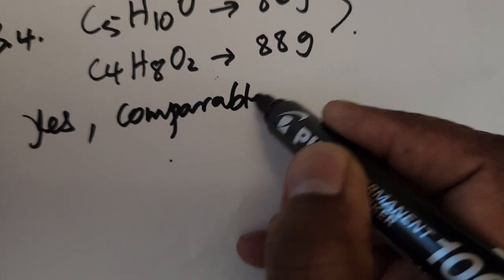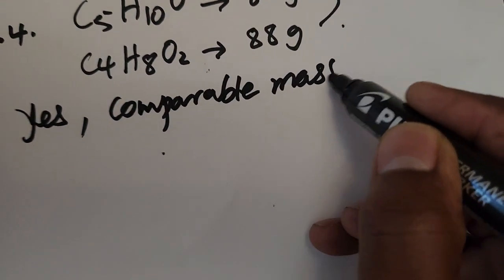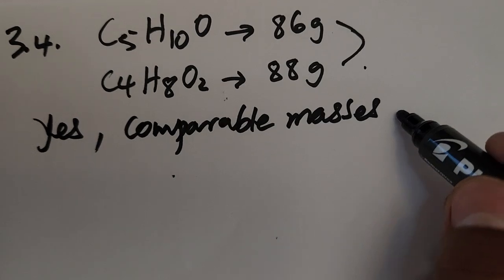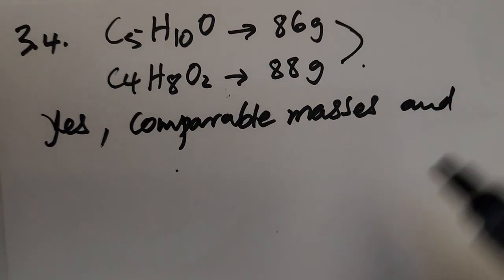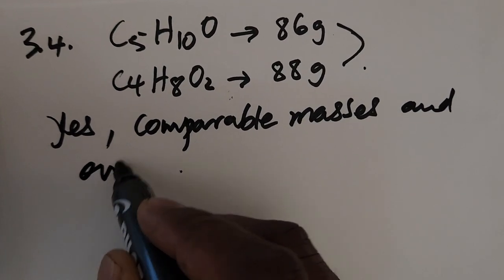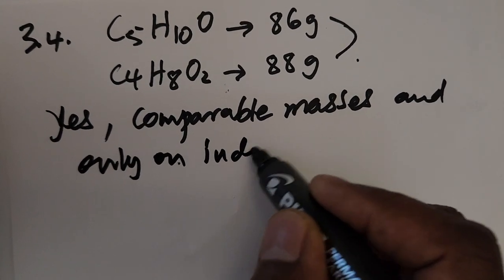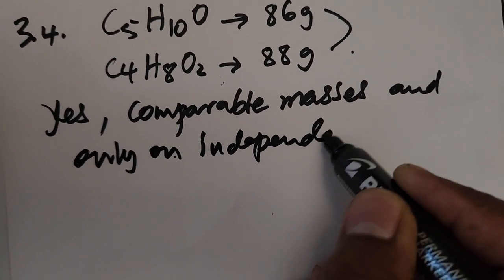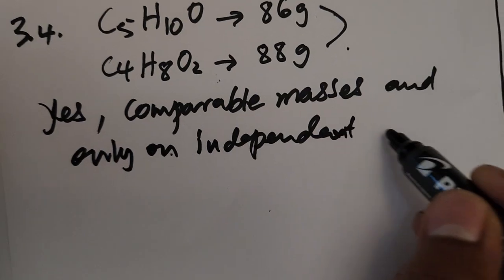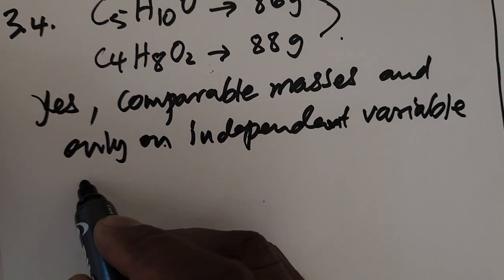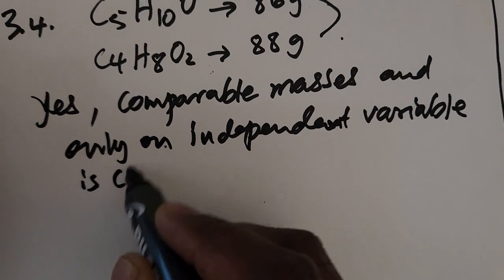The reason, hopefully they will say explain: they've got comparable masses. If you want to add more, you can say and only one independent variable is changed.